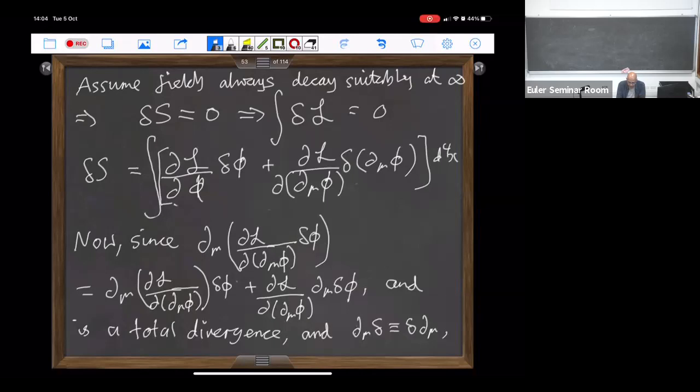One is the derivative of the Lagrangian with respect to the field. That's this first term here. And then we have all of the derivatives of the fields. So we vary the Lagrangian, we take the derivative of the Lagrangian with respect to the derivatives of the fields. And then we get this type of term.